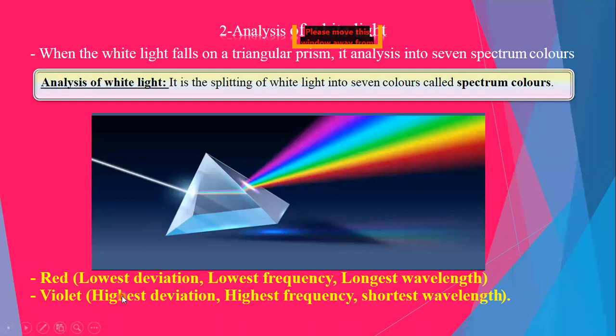طب تعالوا نشوف هنا. Red لو لاين ماشي كده الانحراف بتاعه البسيط هو الريد والانحراف بتاعه القوي عن المسار هو الفايلت. يبقى الريد has the lowest deviation وطالما has the lowest deviation يبقى عنده the lowest frequency. وبرضو نقدر نقول ان lowest frequency وال longest wavelength. تمام. طيب تعال نشوف بالنسبة للفايلت. عنده highest deviation ولما عنده highest deviation يبقى عنده highest frequency وعنده shortest wavelength. ما ننساش الريد lowest deviation, lowest frequency, longest wavelength. التلاتة بالال على فكرة.